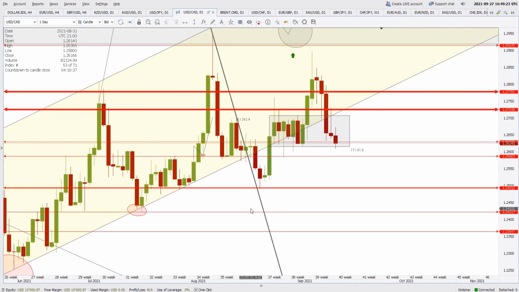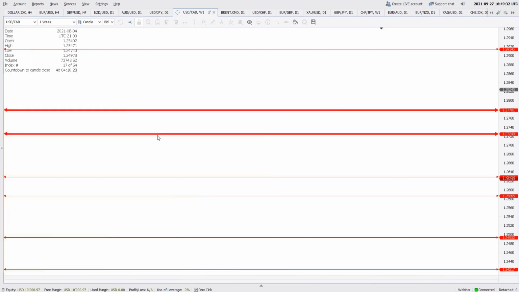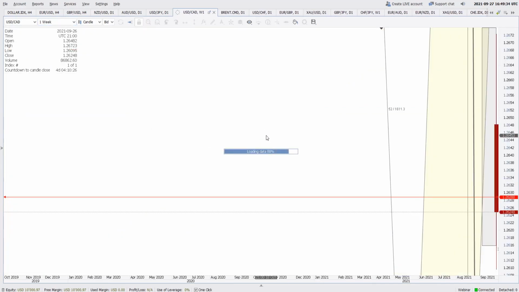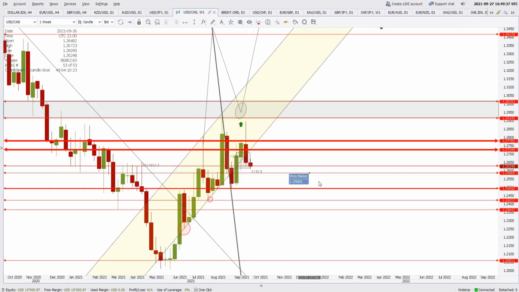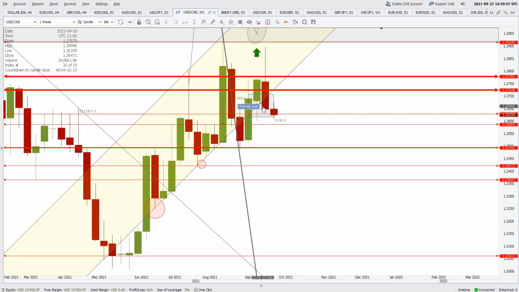Talking about the US dollar against the Canadian dollar, I am bearish now on this one, not because it has closed below this, but if you see a weekly candle of the US dollar against the Canadian dollar, you will see that there has been a bearish engulfing and a bearish pin bar at the resistance, and today there was a fresh week and it has started going down by moving lower than the last week's low.